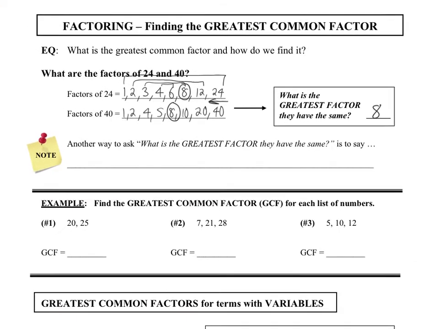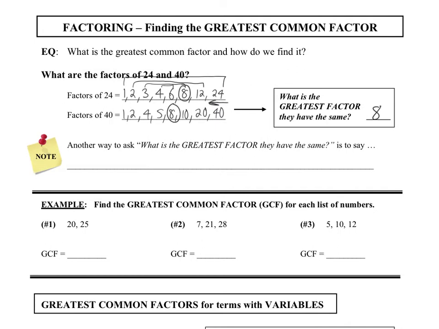So another way to say what's the greatest common factor that they have the same is to say, what is the largest number that goes into both numbers? That's another way to say that.